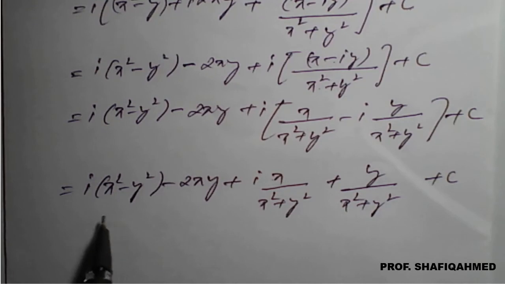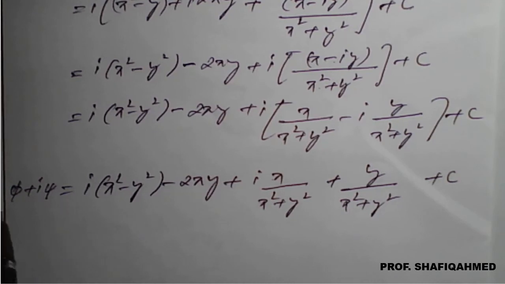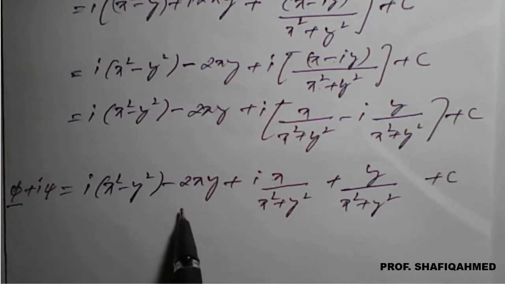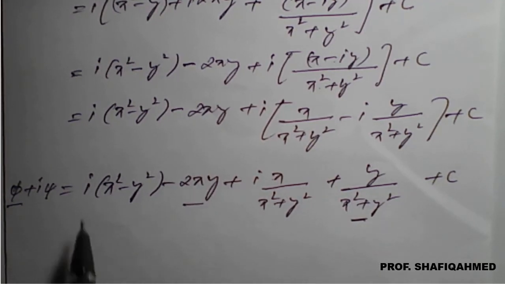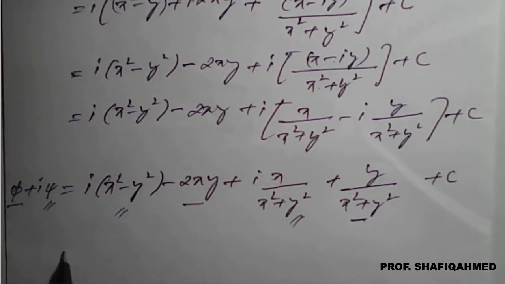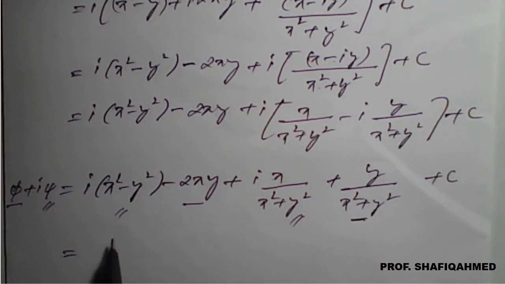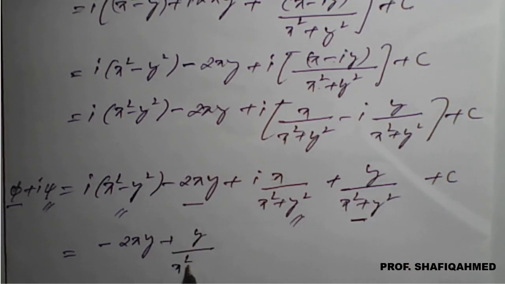Now you can observe here, on the left hand side we have phi plus i times psi. So this is the real part, the real part is free from i, that is this second term and the last but one term, and the imaginary parts are the terms with the coefficient of i. So I will rearrange this. The real part I will take one side: minus 2xy plus y divided by (x² + y²).